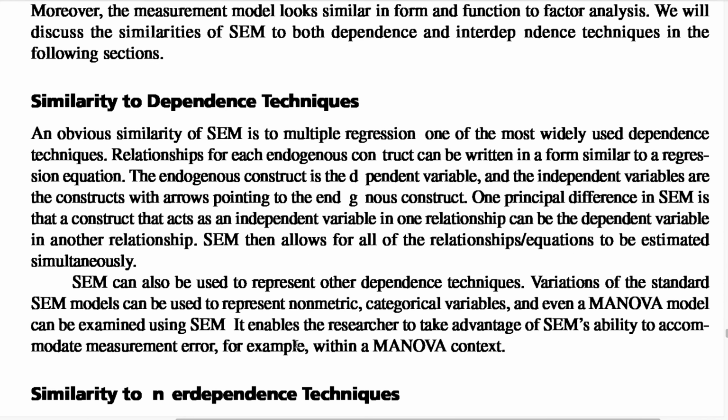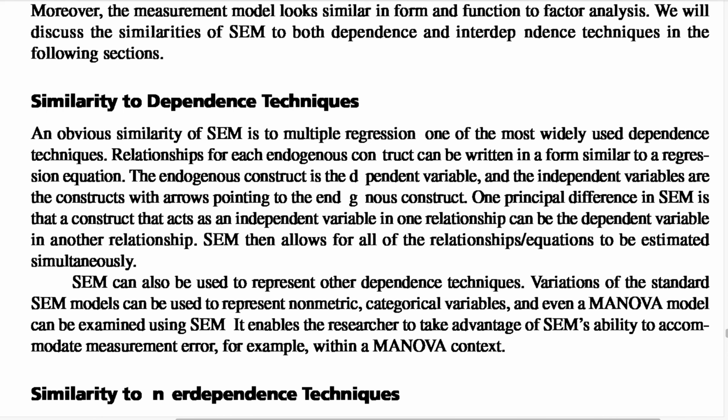Let's talk about the similarities to dependence techniques. An obvious similarity of structural equation modeling is to multiple regression, one of the most widely used dependence techniques. The relationship for each endogenous construct can be written in a form similar to a regression equation.